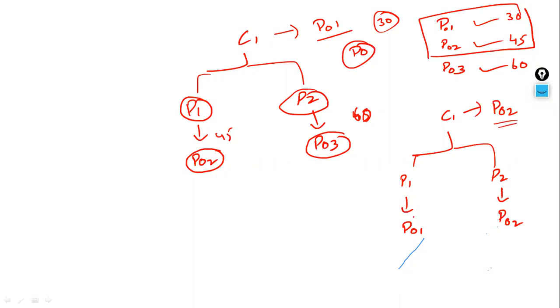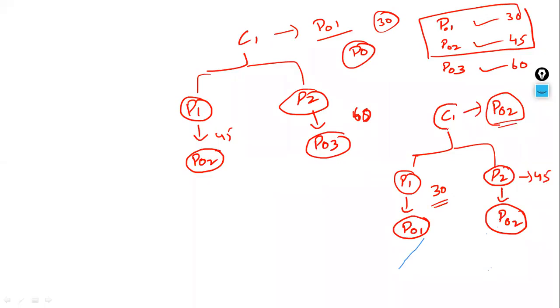Whenever I procure using this purchase organization for this plant, I will get 30 days payment. For this plant, the system will pick 45 days. For this company code, the system will pick 30 days. The system will work based on this.